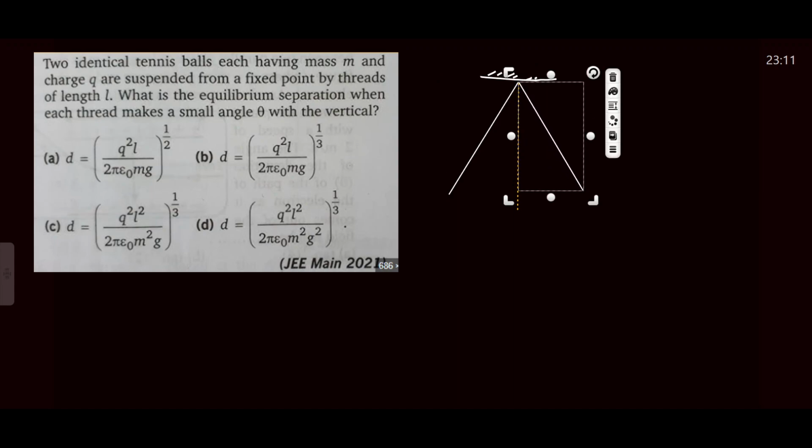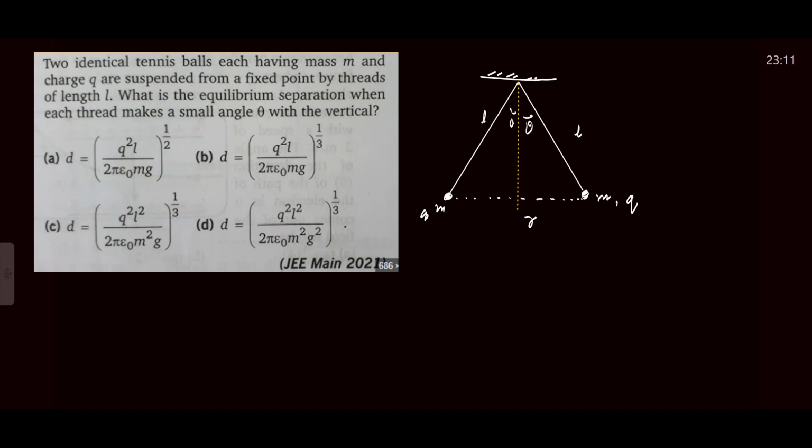The masses given to you are m, and the charges are also q. The separation between them is not given. We are taking it as small r, which we have to calculate. This length is L, and this angle is theta and theta.